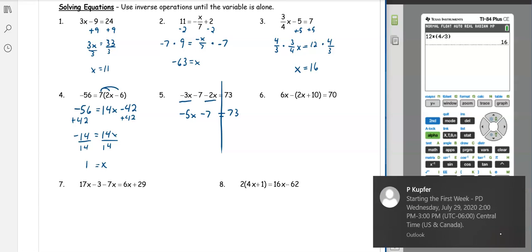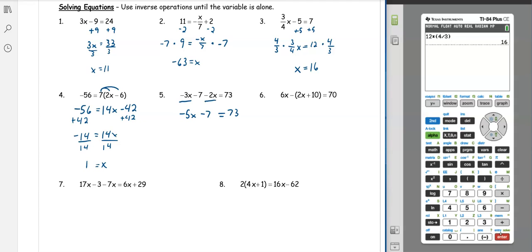And then we can go on solving. First thing we're going to do is add 7 to both sides. So we get negative 5x is equal to 80. And then we can divide on both sides by negative 5. So x is negative 16.